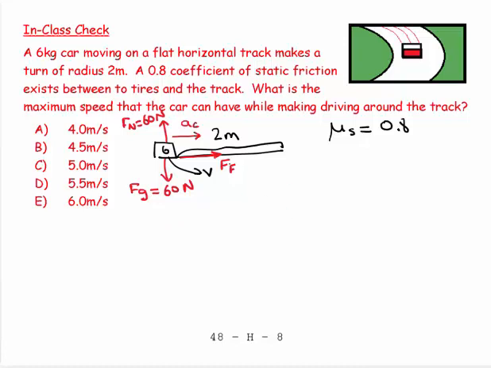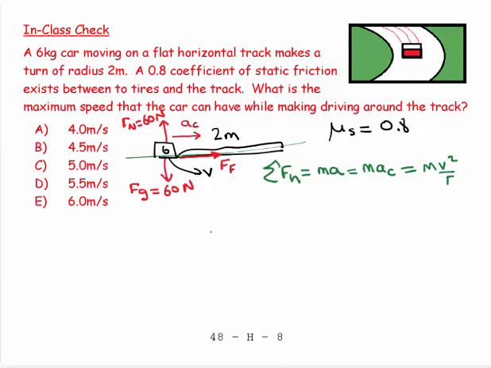I'm going to resolve my forces in line with the centripetal acceleration, and I say the sum of the forces horizontally is equal to ma, which equals the centripetal acceleration times mass, m a_c, which equals m v squared over r. So the same beginning.